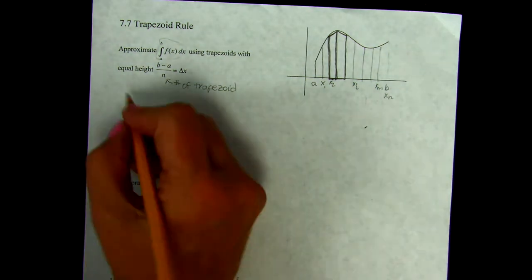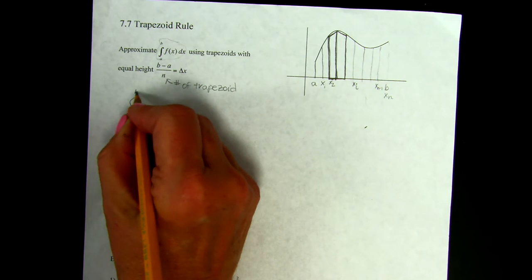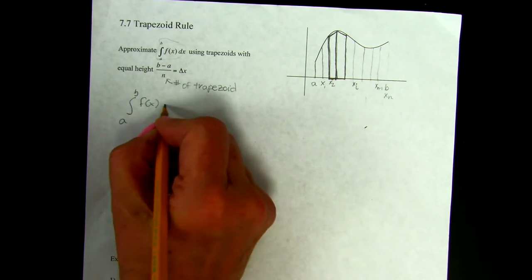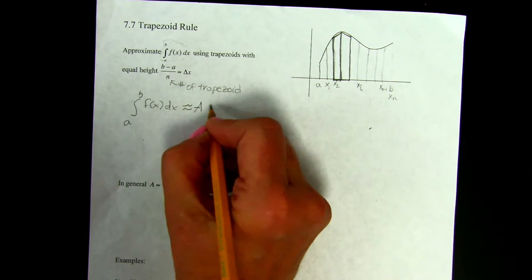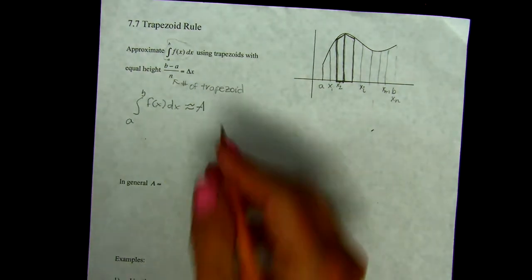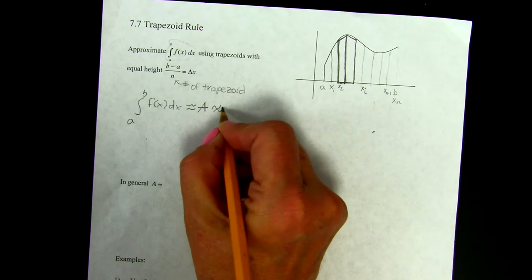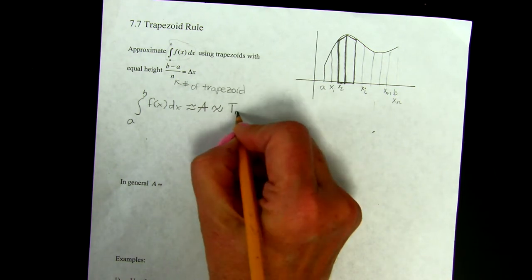So the integral from a to b of f of x dx is approximately equal to the area under the curve, and we are using the trapezoid rule to estimate it.